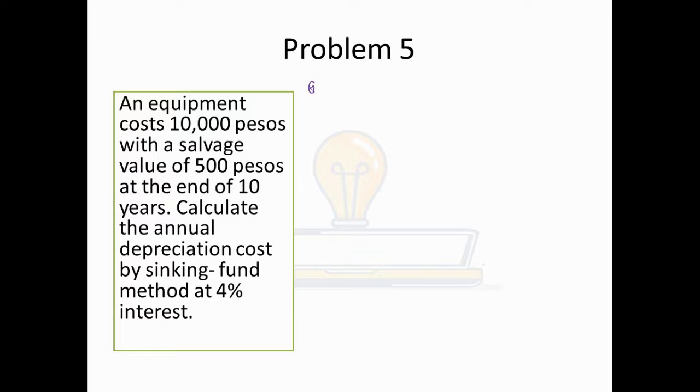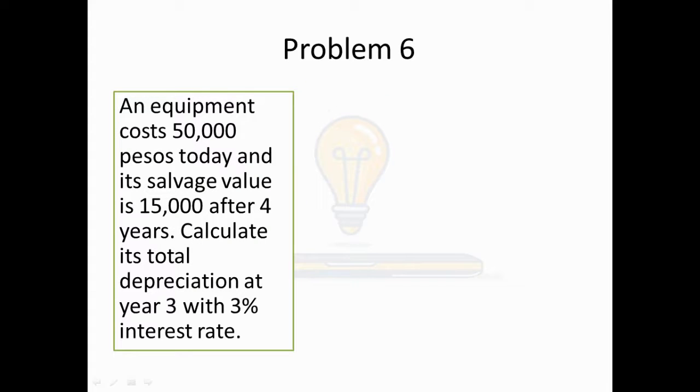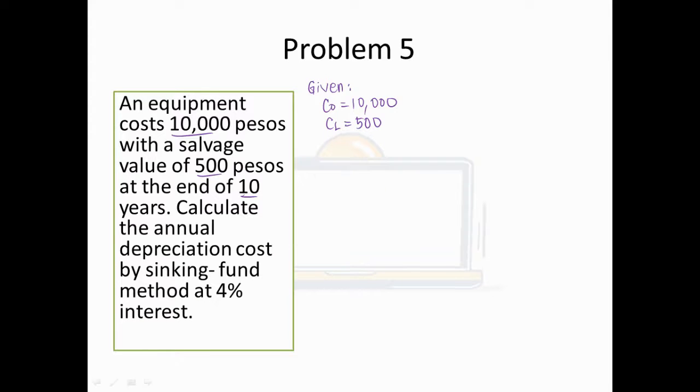So the given, we have the initial cost of the equipment, or C sub 0 is equal to 10,000 pesos. And then the salvage value is 500 pesos, so that's C sub L. At the end of 10 years, so the useful life, or L, is equal to 10.